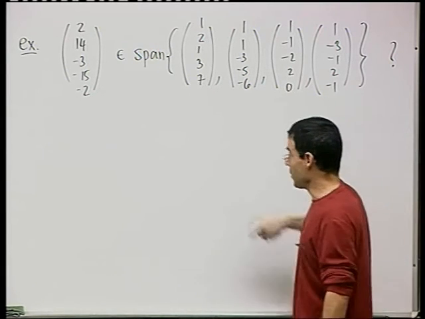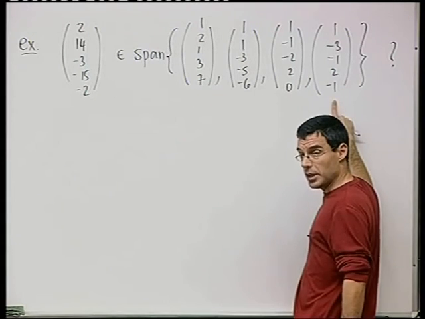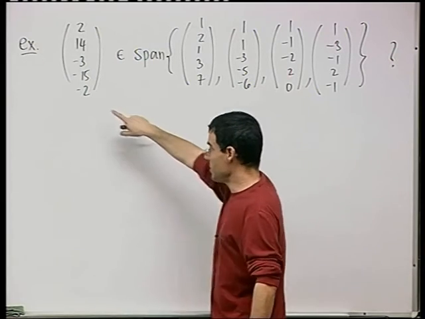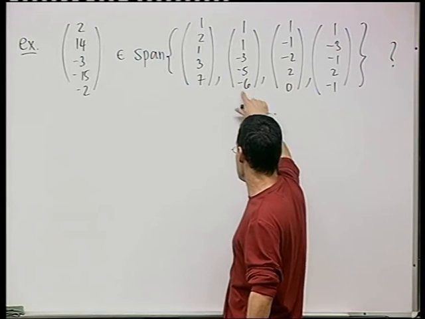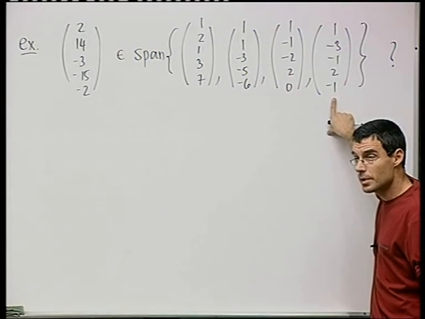Translation. Can we write this as a linear combination of these 4 guys? Translation. Is this equal to x times this plus y times this plus z times this plus w times this? Good?